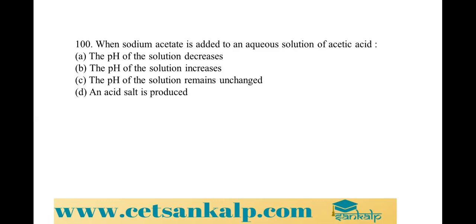Correct? So when this is added to acetic acid, what may happen? The pH of the solution decreases, the pH of the solution increases, the pH of the solution remains unchanged, an acid salt is produced. They give many options, but that is not necessary for us. So when sodium acetate is added to an aqueous solution of acetic acid, first of all the pH of the solution is going to be what? Increases. Okay.